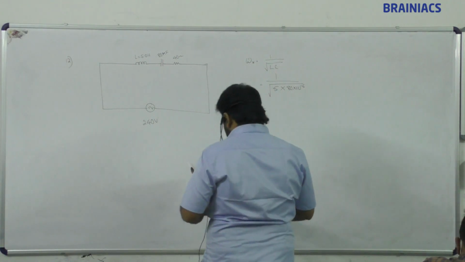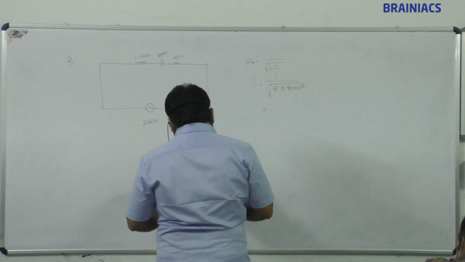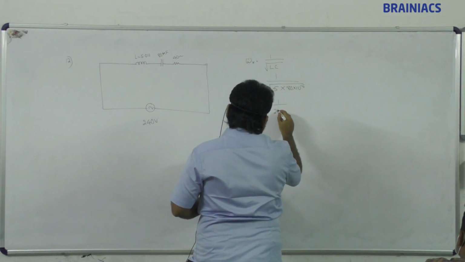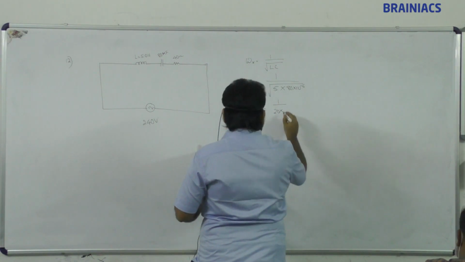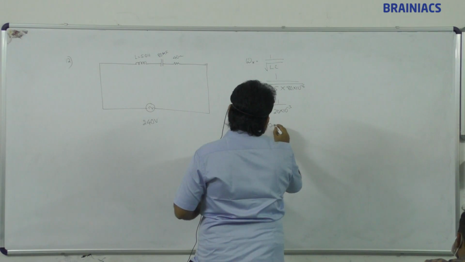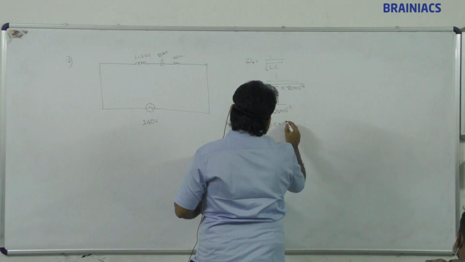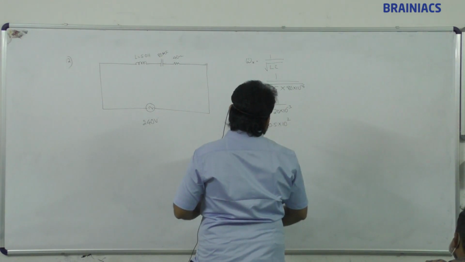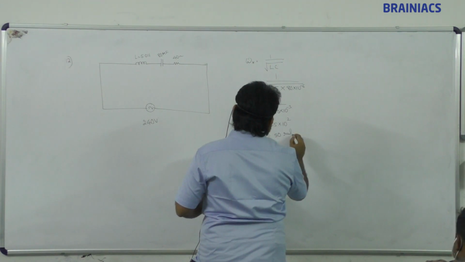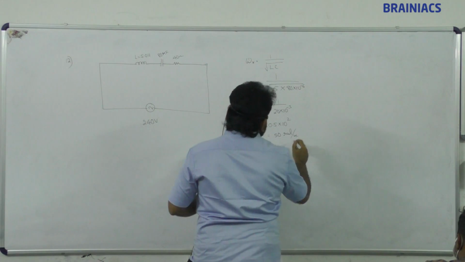Okay, what will come? 1 by root of 20 into 10 raised to minus 3, right? So this is going to be 50 radians per second.